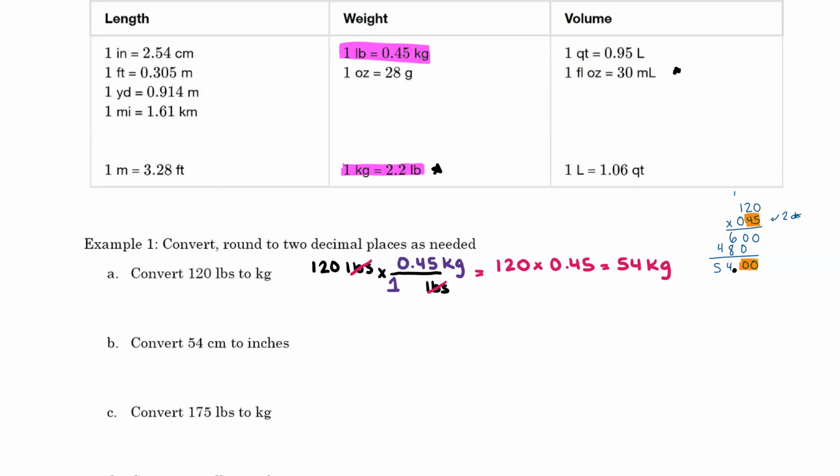Let's try converting 54 centimeters to inches. So I have 54 centimeters, times and divide. I need centimeters on the bottom and hopefully inches on top.